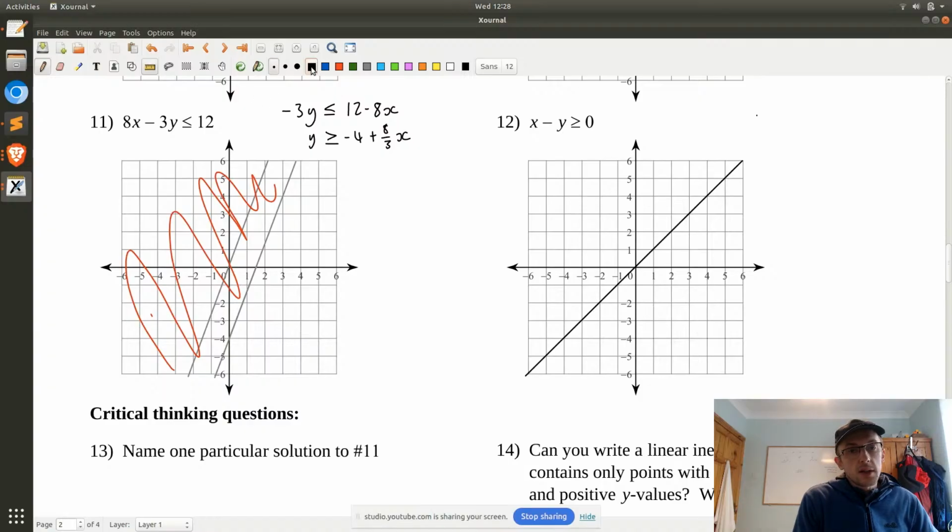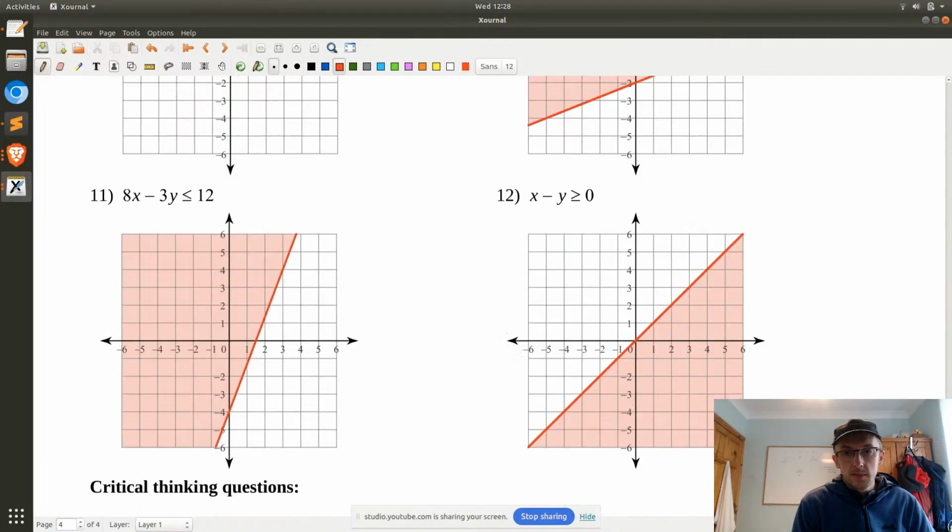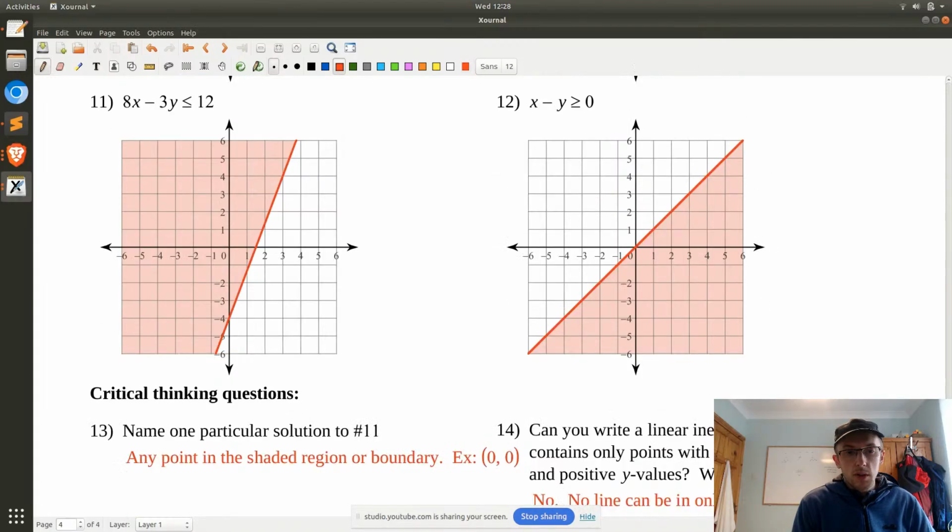Okay, so that's a little bit confusing. So check like 0,3. 0,3 is not included. So there. Check if that's right. Okay, good.